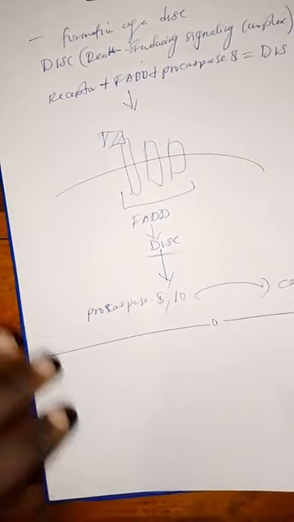So let's start with the intrinsic pathway. From the word intrinsic, you can think of it as meaning inside, meaning the signal is coming from the inside. Now what is triggering the signal?